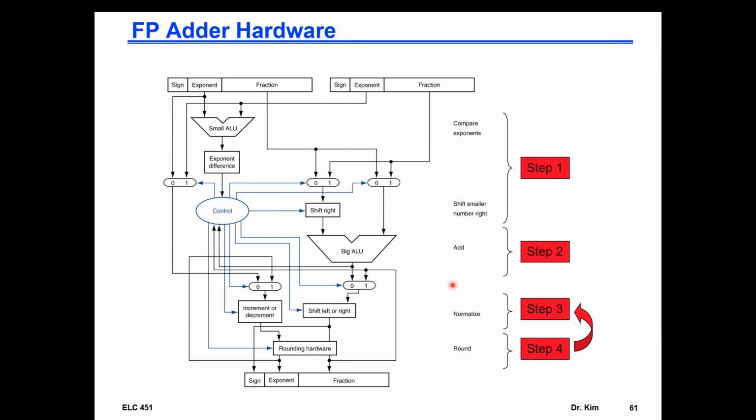So if you think in terms of hardware, how a floating point adder would look like, according to the steps that we went through, it would look something like this.